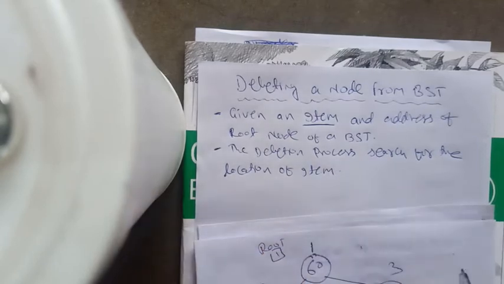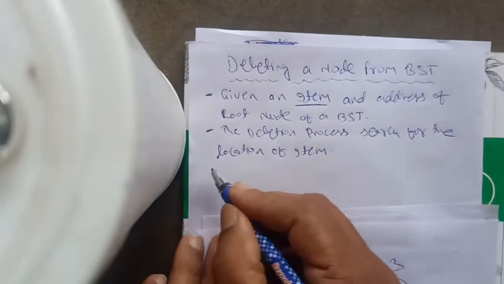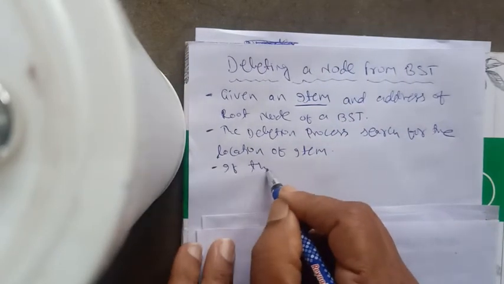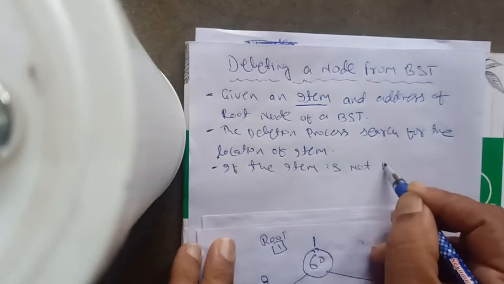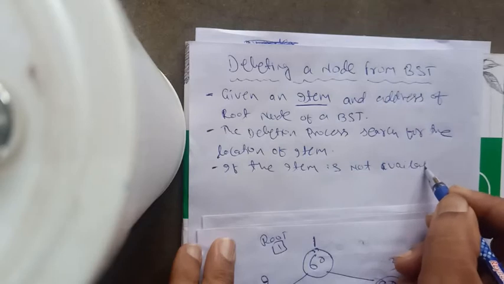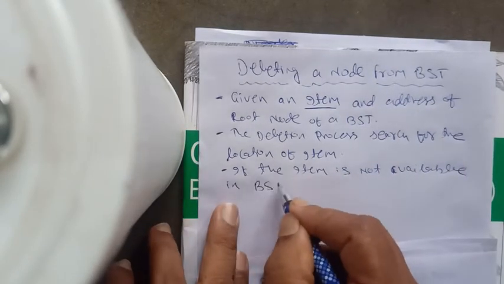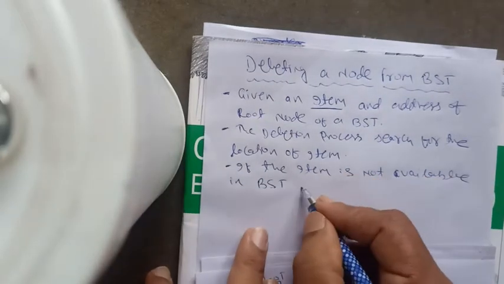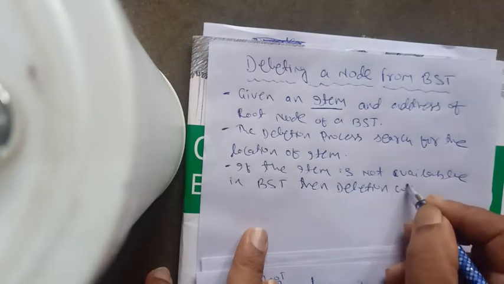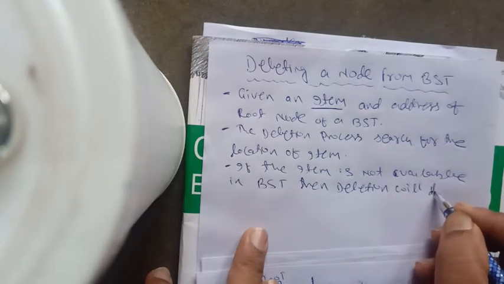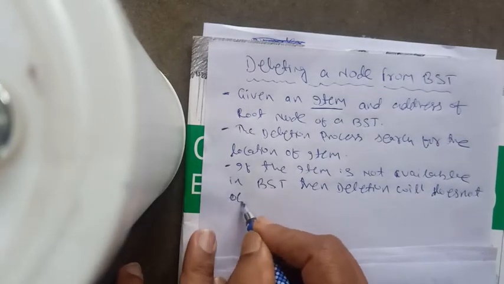Location means the node in which the data item is present. If the item is not available in the BST, then deletion does not occur. There is no need to delete because the item is not available.